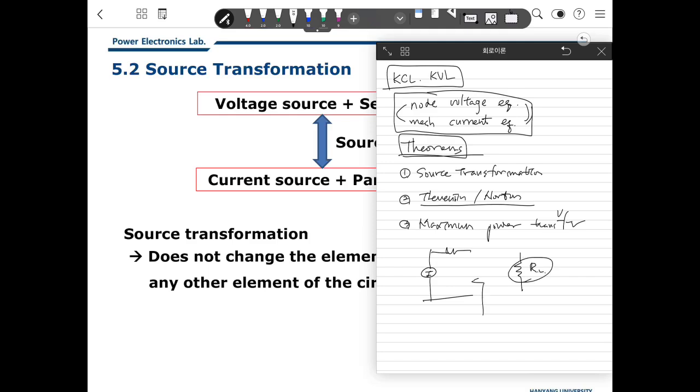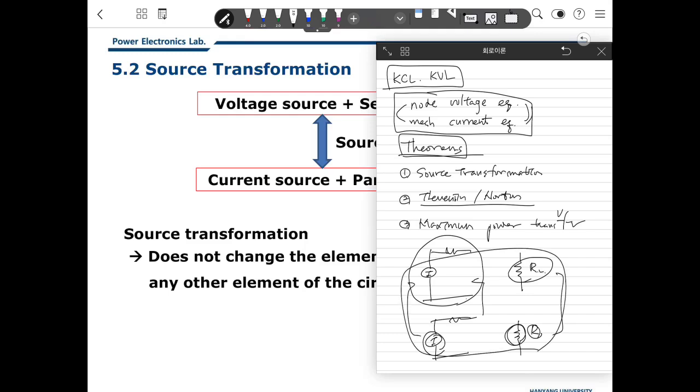Then what should we do from this viewpoint? Or we have some power transceiver. I want to get the maximum power from this source. Then how do we make a receiver circuit? We will deal with what we should do to get the maximum power transfer.